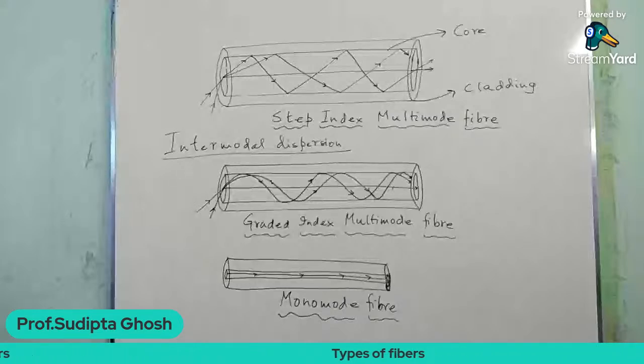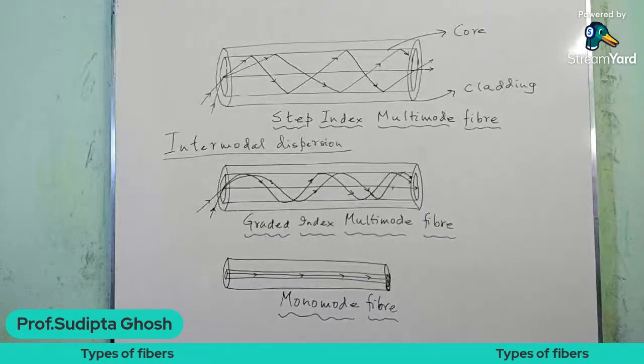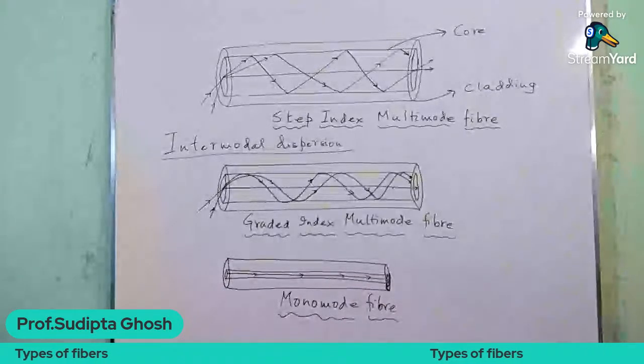but they are refracted gradually, and as the refractive index is smaller near the cladding, the velocity of light is greater near the cladding. So the rays spiraling around near the axis take shorter paths and travel slowly, because the refractive index is higher at the axis and hence the velocity of light is smaller at the central region.